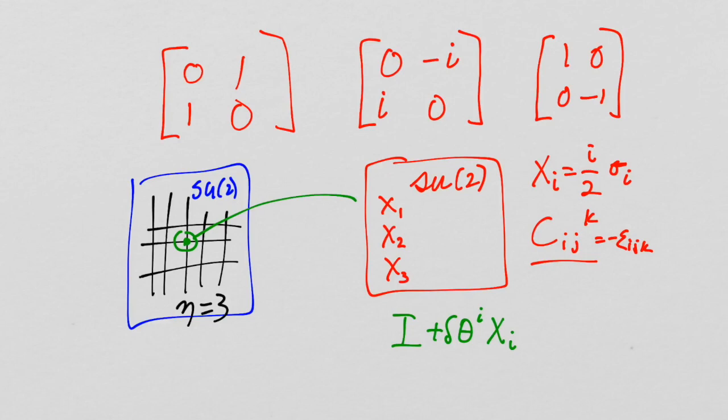So I plus delta theta sub i x_i. This will be one of these matrices right here infinitesimally close to the identity.